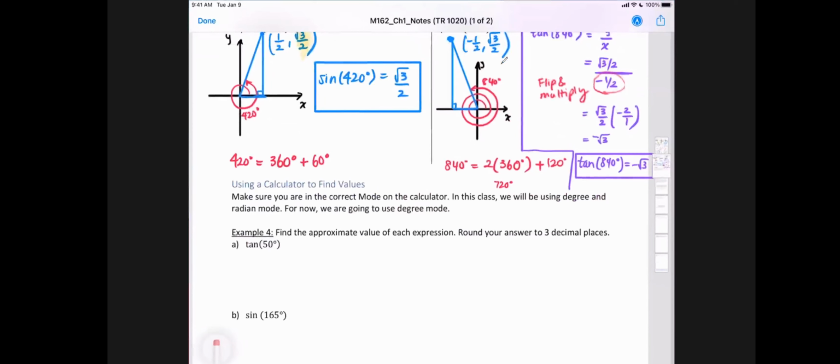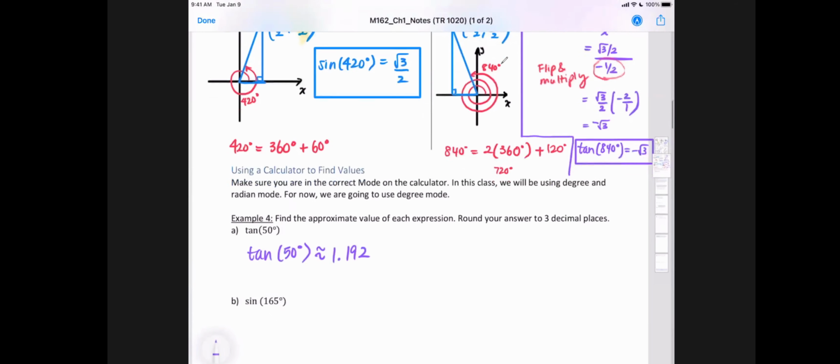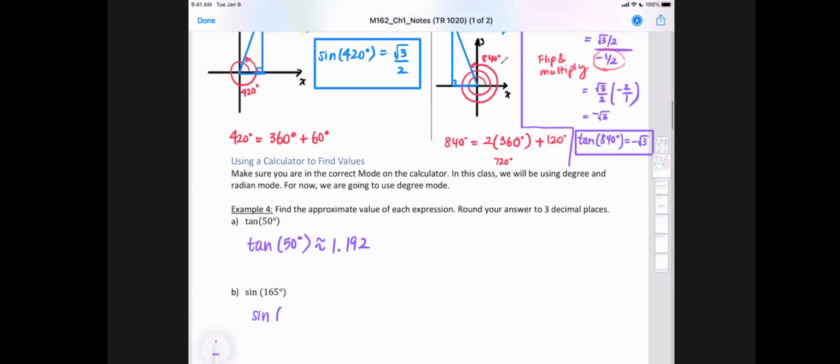So tangent of 50 degrees is approximately 1.192. Sine of 165 degrees is approximately 0.259.